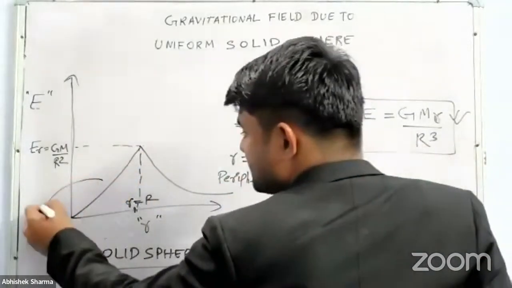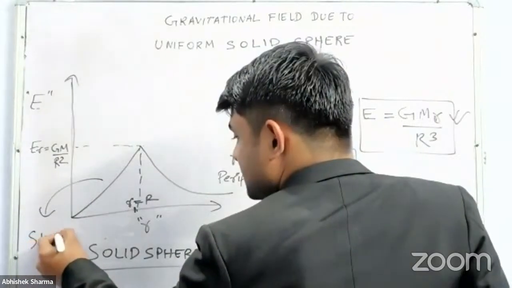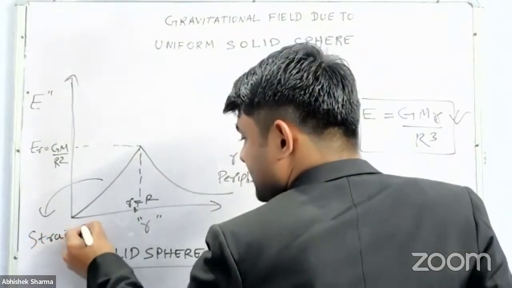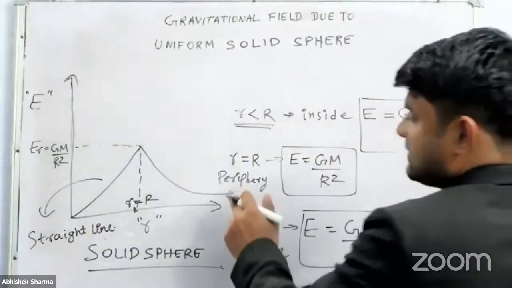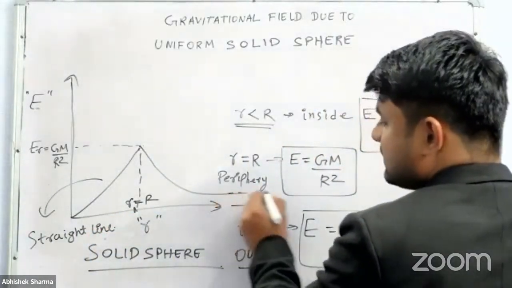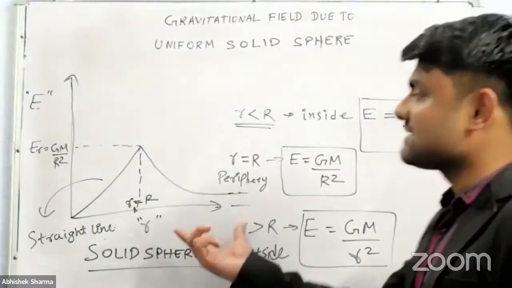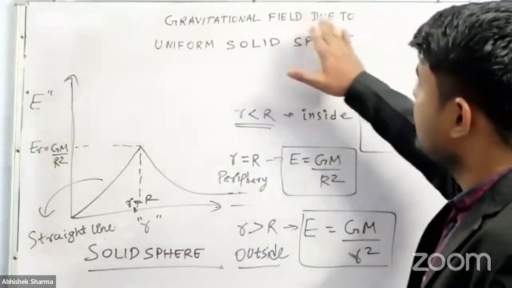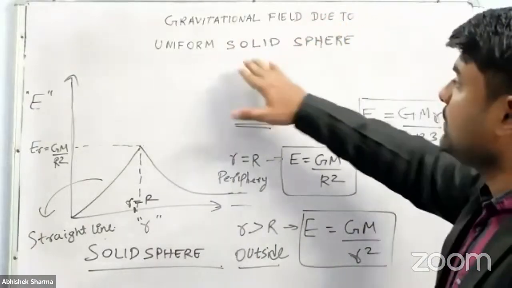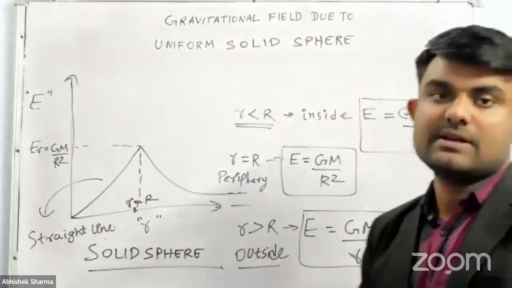Remember, this is a straight line. This ultimately will be parallel to the x-axis, which is the radial line. So this is the graph for gravitational field intensity due to a uniform solid sphere. Okay, please note it down.